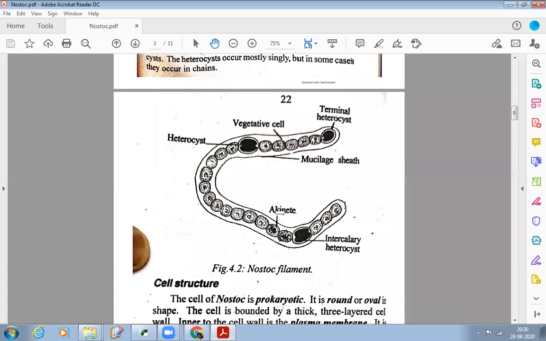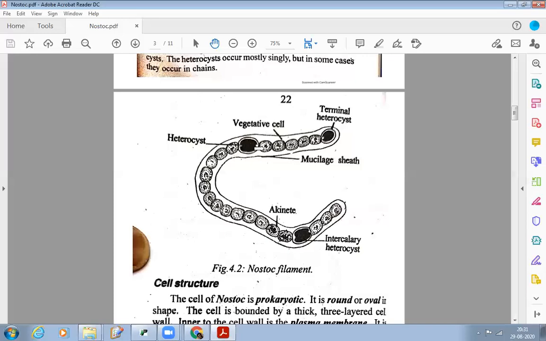In this diagram, you will find two heterocysts that are intercalary in position, whereas one heterocyst here is terminal in position. That is why it is known as a terminal heterocyst. The heterocysts which are present between the vegetative cells are known as what?